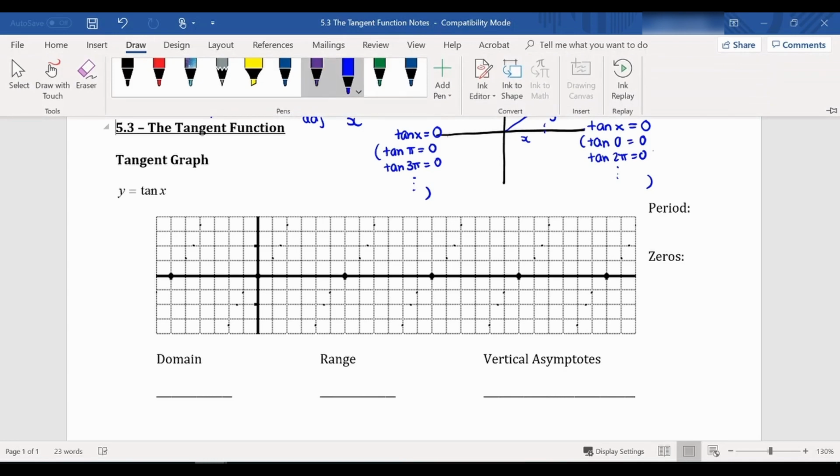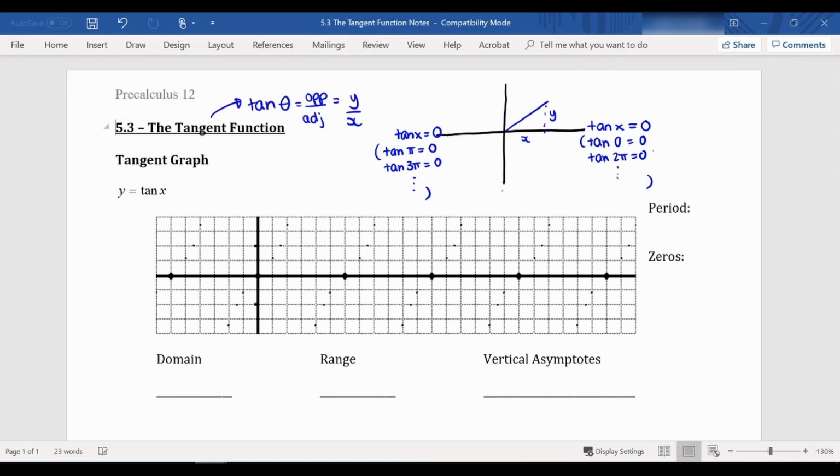We also had, if we were on the y-axis, that means y has a value, but x does not. And if I end up with 0 in the denominator, that's not possible. So that means that on these axes, tangent does not exist. So this would be, for example, tangent of 3 pi over 2 does not exist.